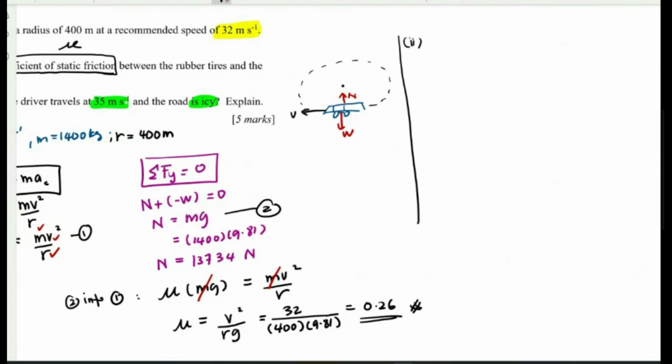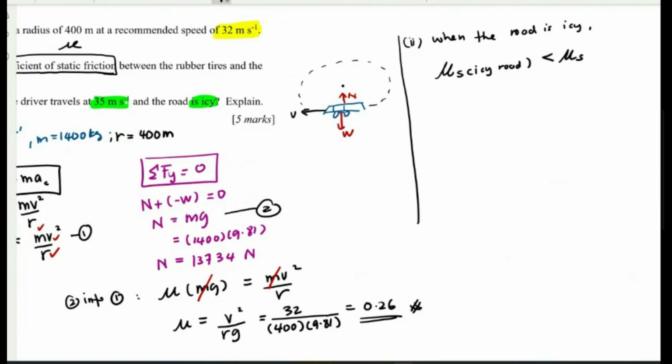So when the road is icy, okay, means that the coefficient of static friction for the icy road will be smaller than the coefficient of static friction untuk yang jalan biasa lah. Okay, usual road. Alright.